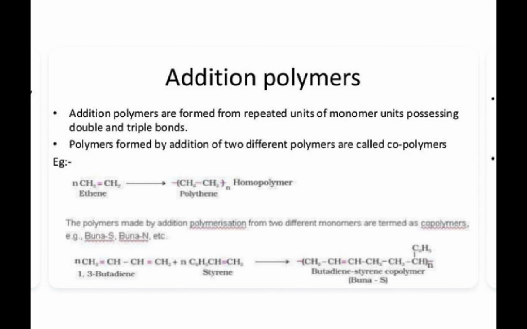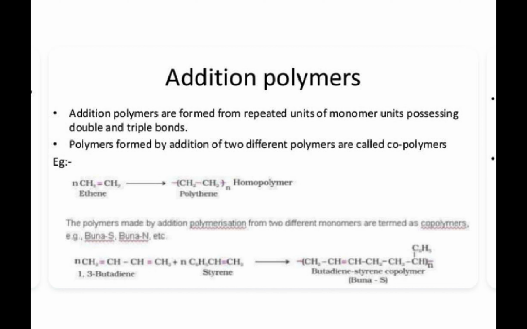Now, what are addition polymers? So, these are formed from repeated units of monomers having double and triple bonds. So, they are formed by addition of two different polymers which are called co-polymers. So, you can see the formation of polythene from ethene and polypropylene from propene, and addition polymers formed by polymerization of a single monomeric species are known as homopolymers like polythene.